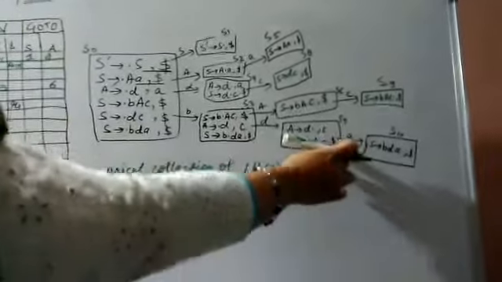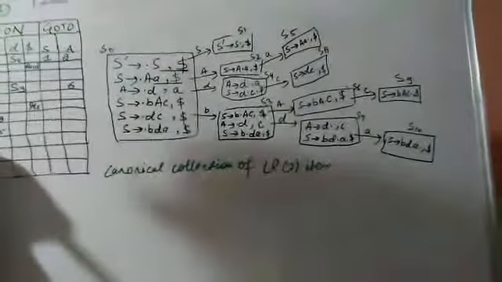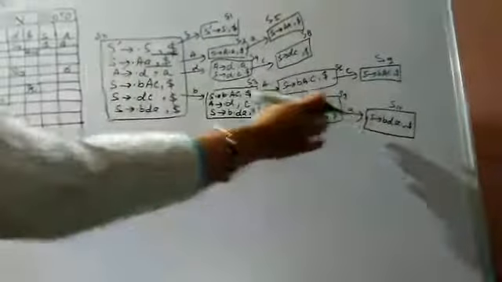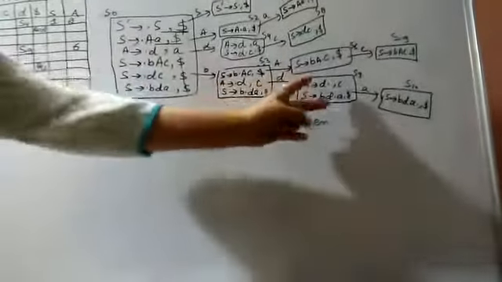Now in 8, and A to S10. Note that there are 2 production rules. One has dot in the end and one is further expanded.